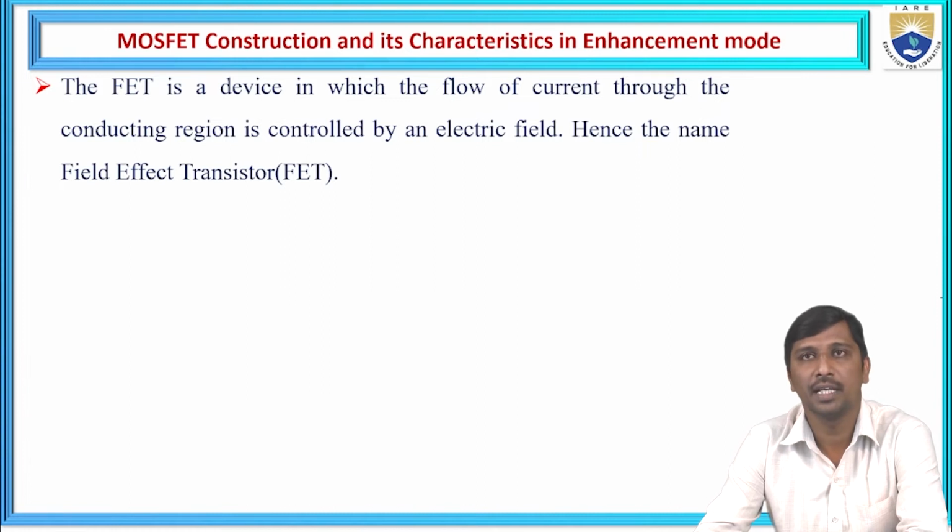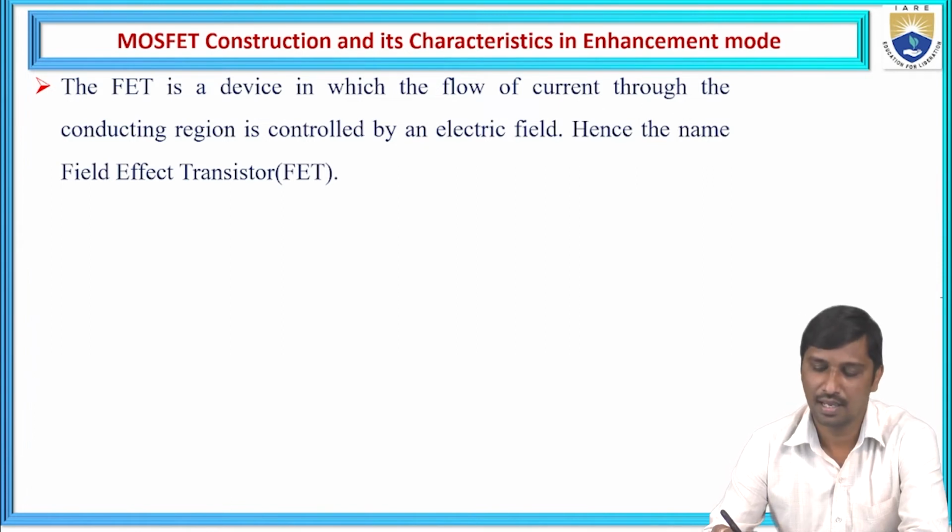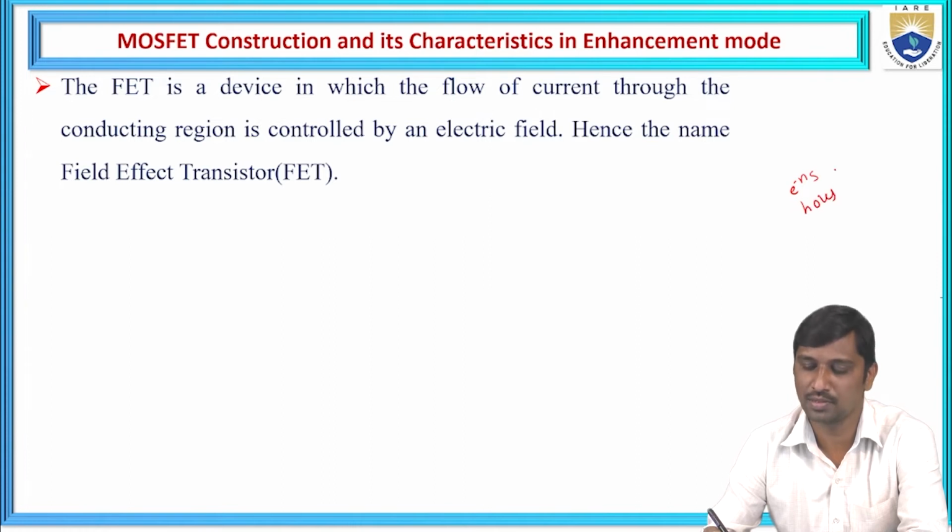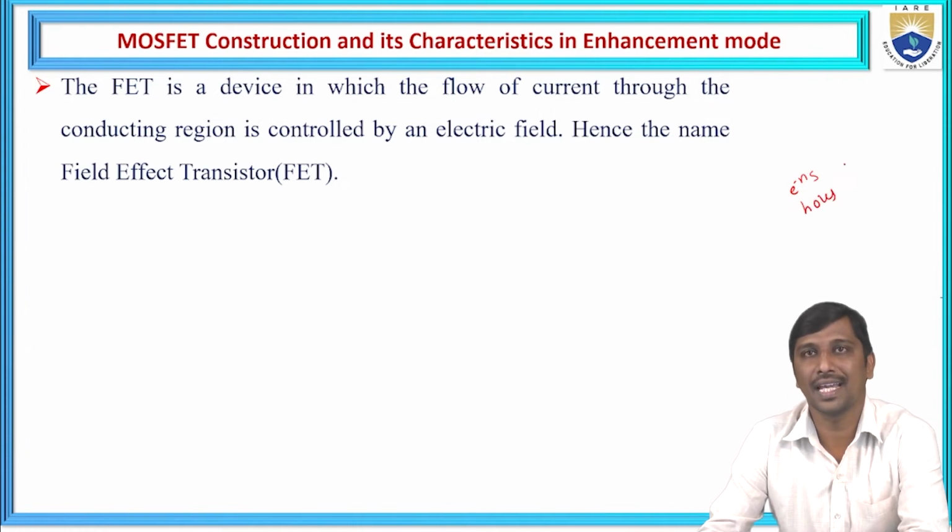In a bipolar junction transistor, we observe that the conduction depends upon both the charge carriers, that is, majority charge carriers as well as minority charge carriers. But in the field effect transistor, the conduction depends only upon the majority charge carriers, either the electrons or the holes, based on the type of material we use to construct the field effect transistor.